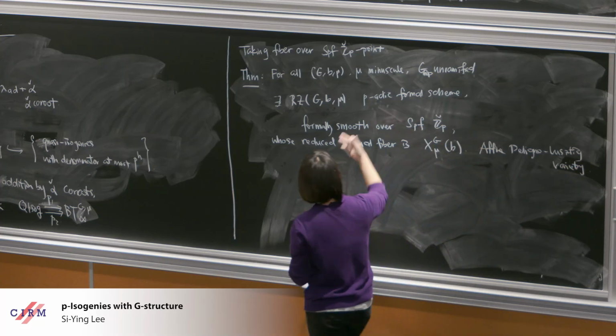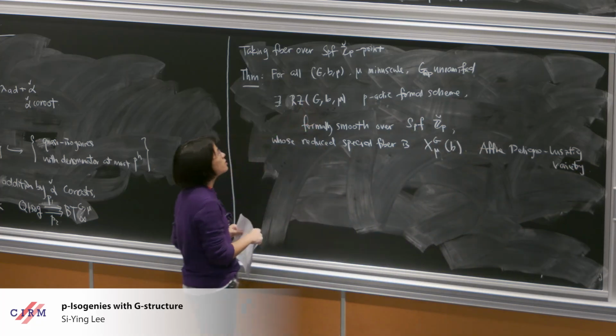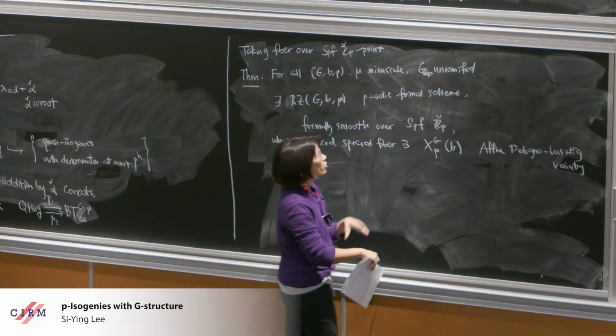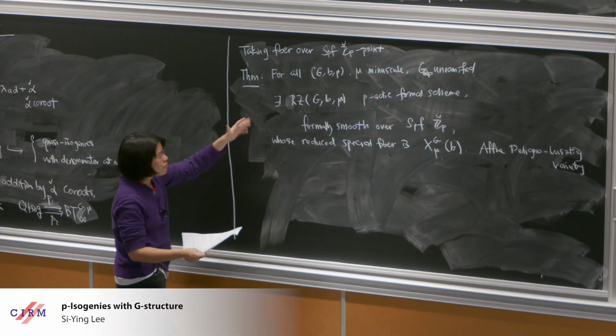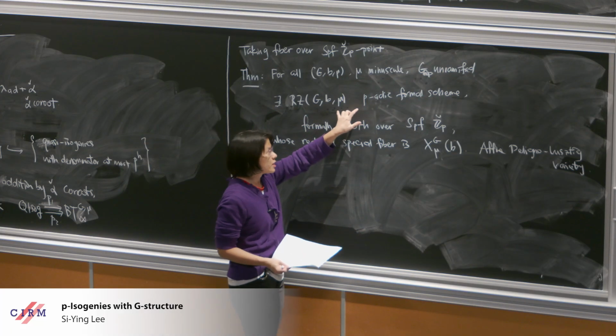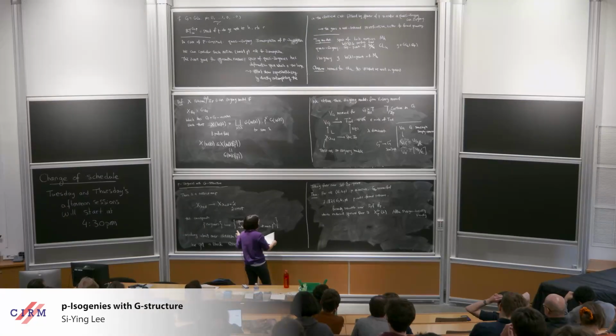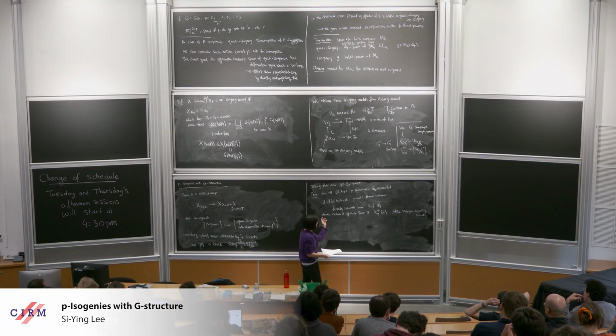In particular, this gives a uniform construction, at least in the setting where you have an unramified group and a minuscule cocharacter, of the Rapoport-Zink space. This construction has no reference at all to p-divisible groups.